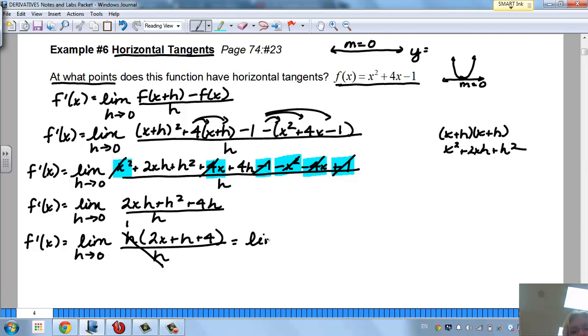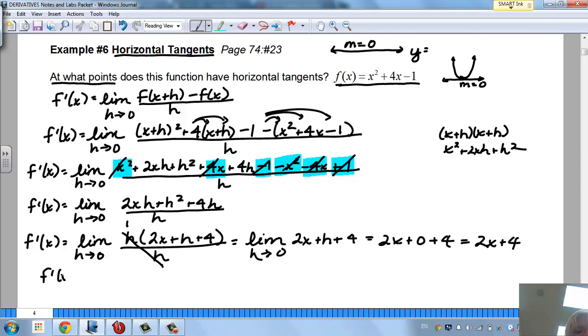So that's the limit as h approaches 0 of 2x plus h plus 4. And then I put in my 0 for h. So I get 2x plus 4. So basically I found that f prime of x is 2x plus 4.